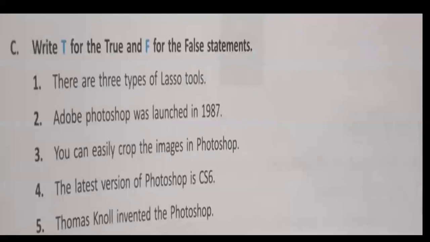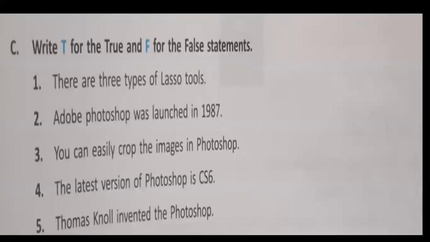Part C is about true and false, where you have to read the instructions first and then state whether it is true or false, right? So first of all, there is a question that there are 3 types of lasso tool. If so, what are the names of those 3 types of lasso tools? The person who has not answered yet will answer.